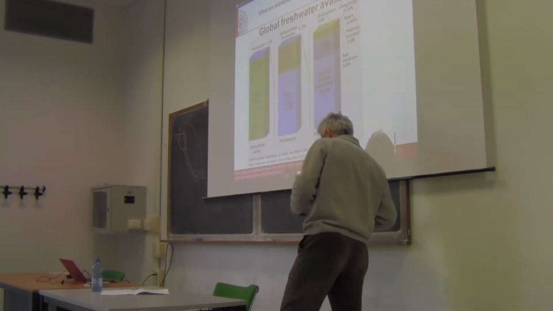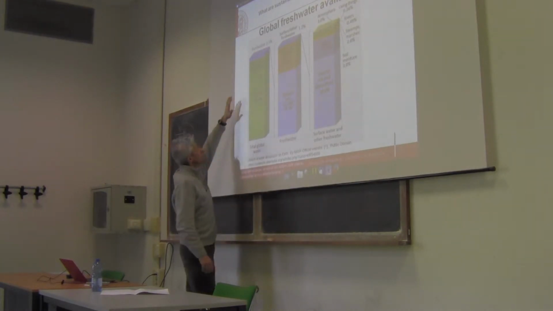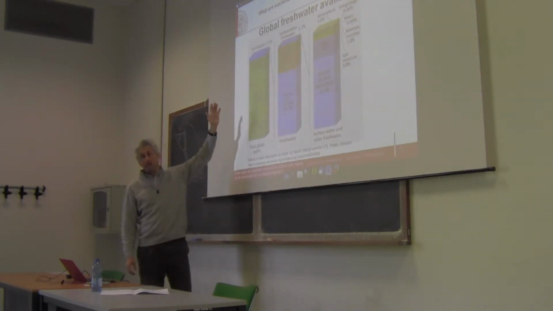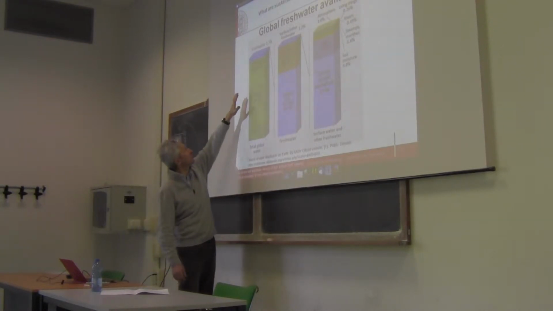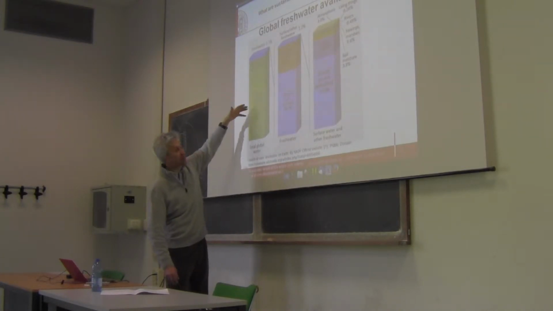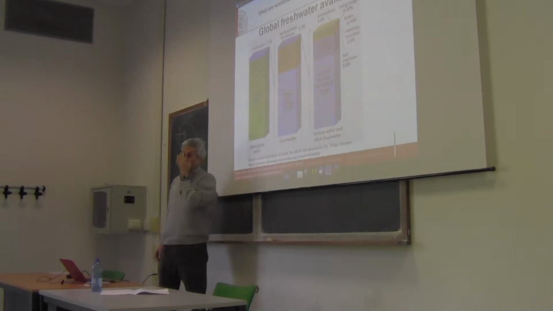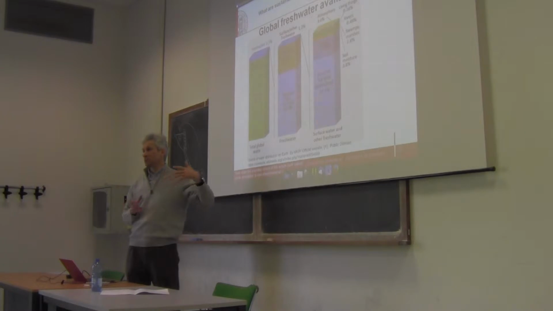And if you look at the total global water, as I said, fresh water is about 3%. Here you see 2.5 because there is a contribution by other kinds of saline water besides the oceans, like internal salt lakes. You know that there is, for instance, the Dead Sea, an internal lake that is saltier than the sea.